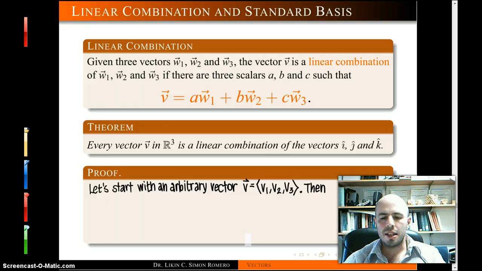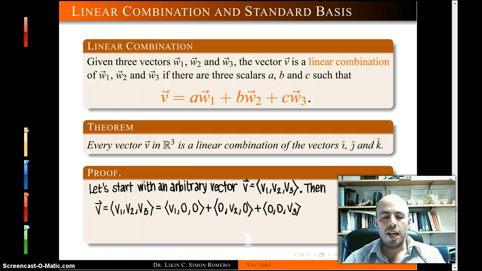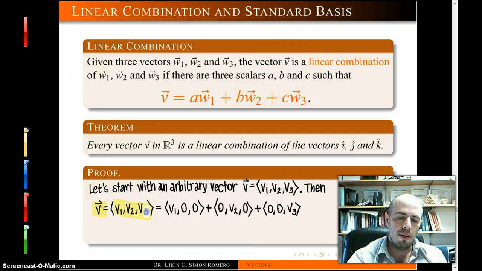Let's start with an arbitrary vector b1, b2, b3. Notice that I'm taking a generic vector, so we will prove it no matter what b1, b2, and b3 are. Then b happens to be the sum of the vectors b1, 0, 0, and 0, b2, 0, and 0, 0, b3.